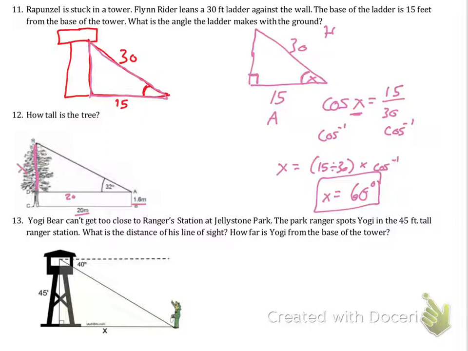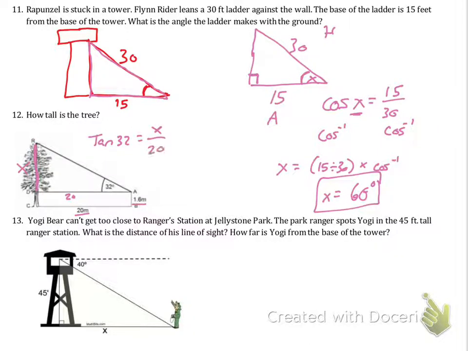We'll call that x. So I have the opposite, I have the adjacent. So in SOHCAHTOA, that would be tan. So do tan 32 is equal to, the opposite over the adjacent, so that'd be x over 20.